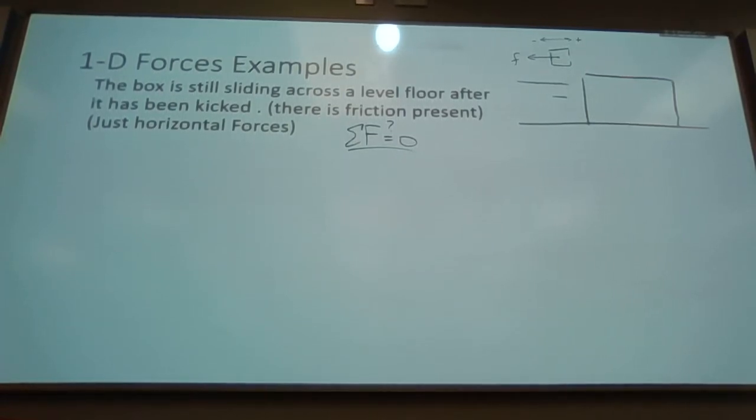Okay, what do you say? I got a solitary no. Is the sum of the forces equal to 0 or not? Why not? Inertia's not happy. How do you know inertia's not happy? What told you inertia's not happy?